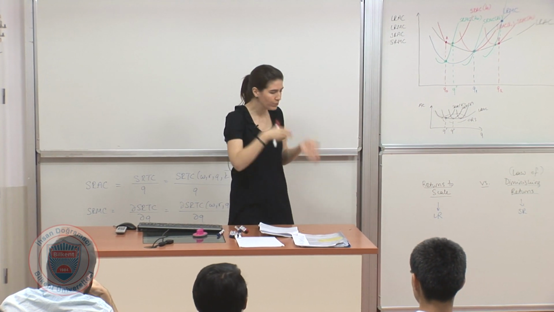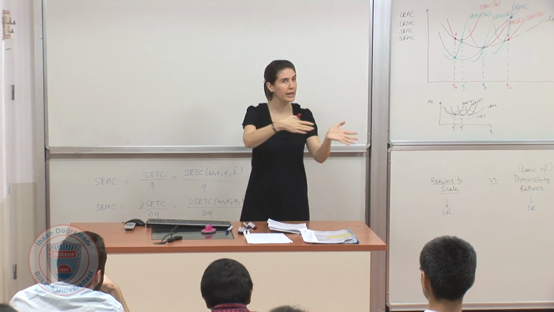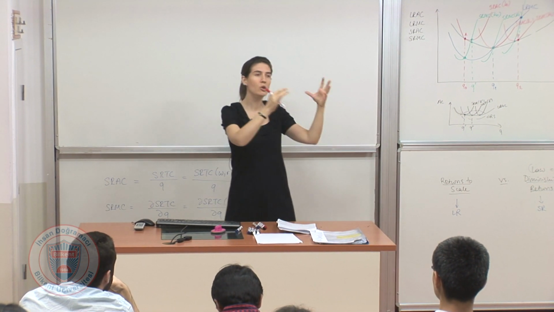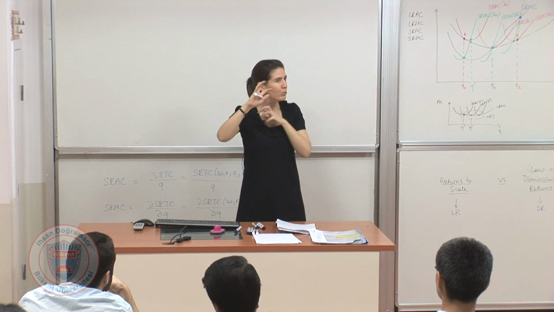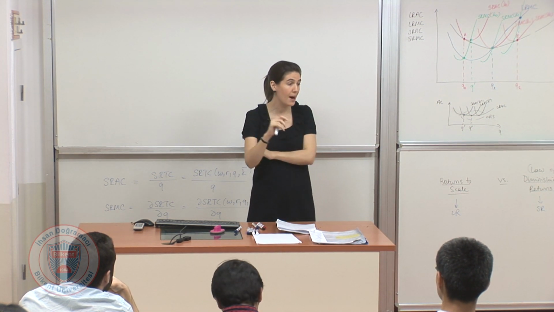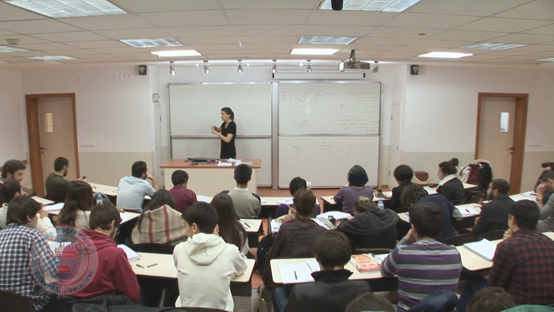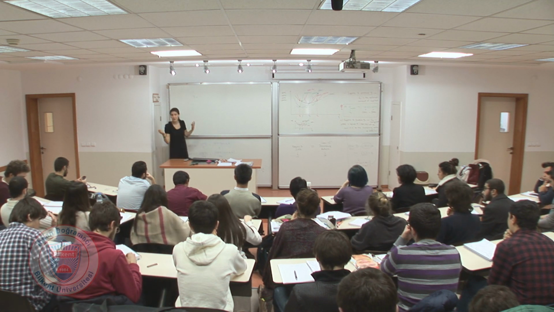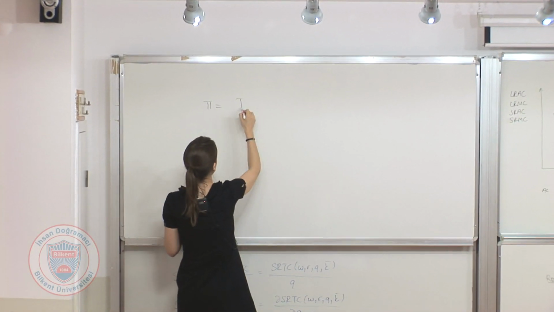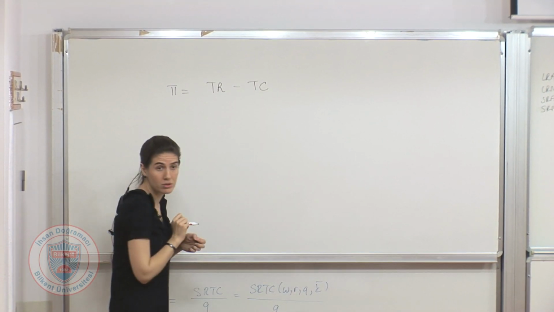So we learned everything. We learned the relationship between returns to scale and costs. We learned about the short-run costs, long-run costs, and the relationship between them. And you're going to see that, of course, they are very important because they appear in the profit function. So basically, total revenue minus total cost.